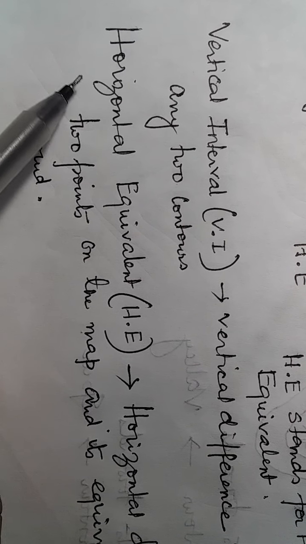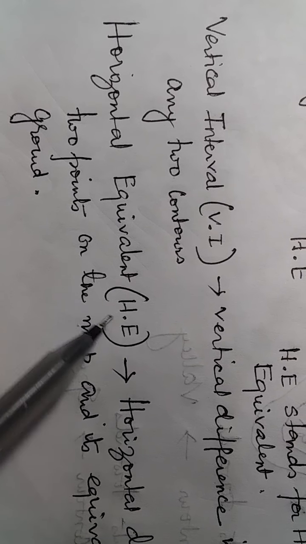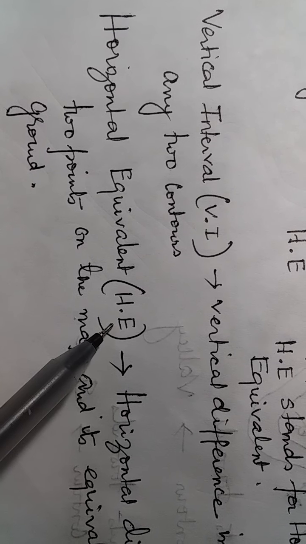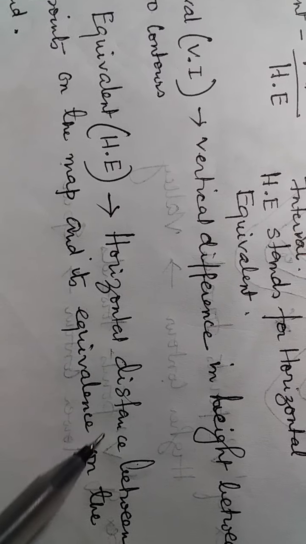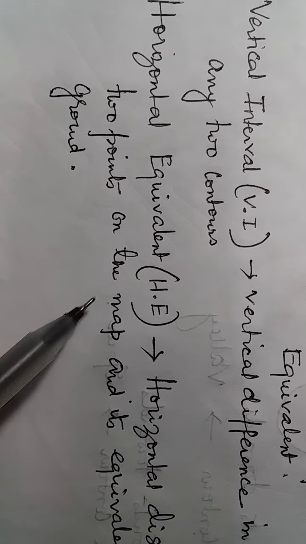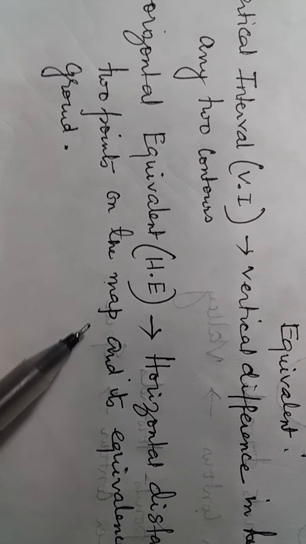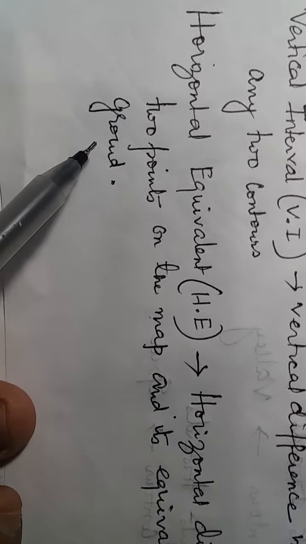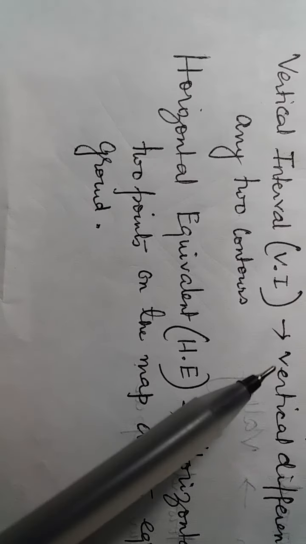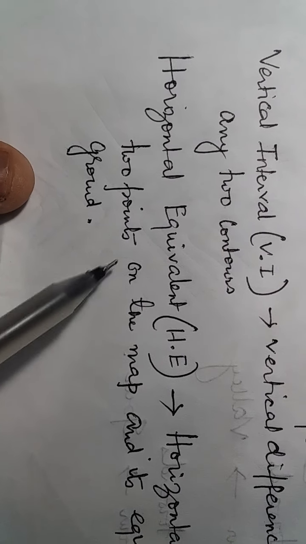And the next one is horizontal equivalent, HE. It is the horizontal distance between 2 points on the map and its equivalence on the ground. So first we calculate the distance on the map.